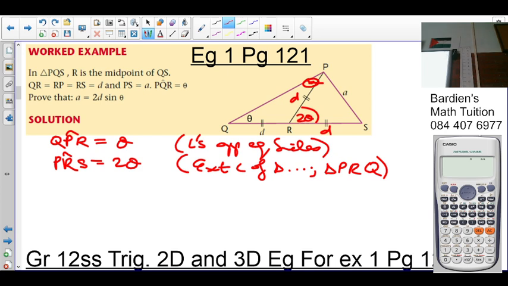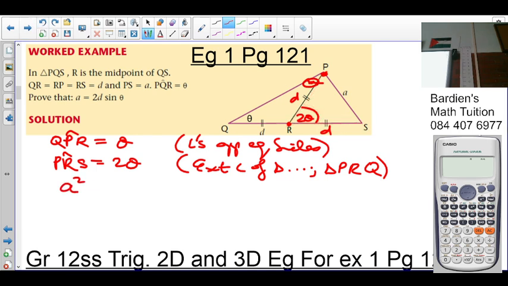So we say we could have used the cos rule as well, not so? So let's try the cos rule. Now we're working in triangle PRS. You see we've got two lengths and an included angle. Can you see that? So the cos rule could have been applied there. Let's see if we can get that out.